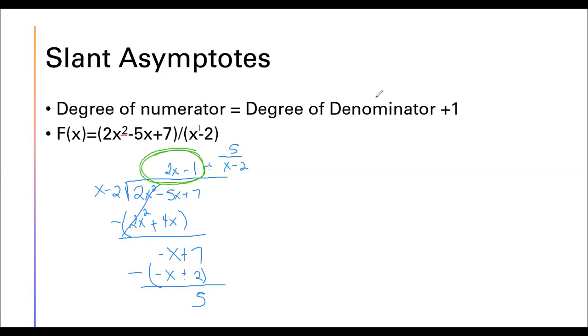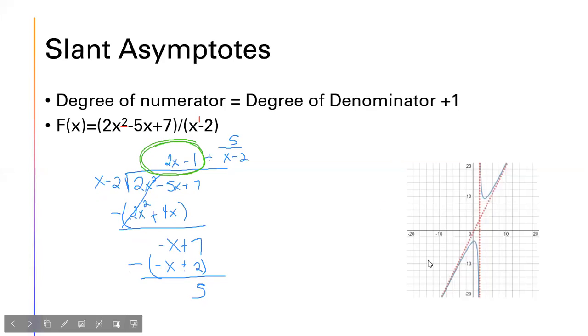So when we plot this function, I've plotted it here. We're also going to have a vertical asymptote at x equals 2 from our denominator. I've plotted that in red over here. But this line here is our 2x minus 1. And you can see as we get larger and larger, the graph is approaching this line.